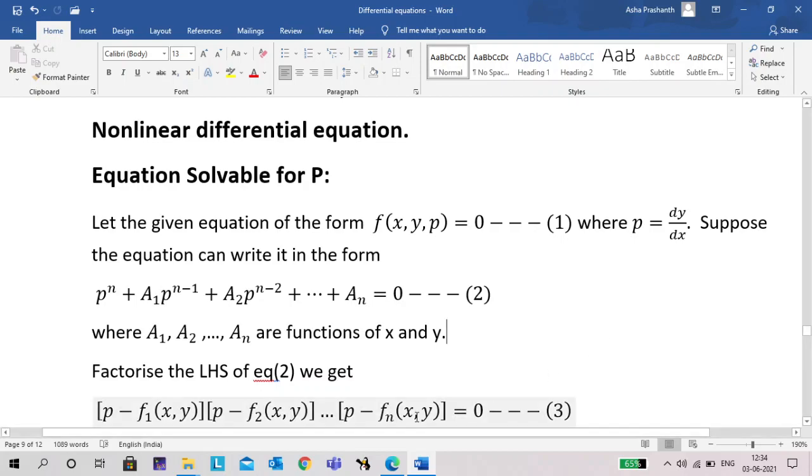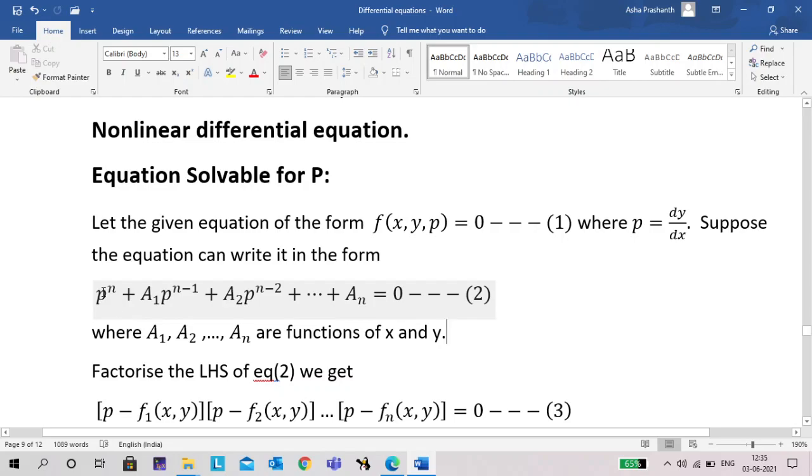Equation solvable for p means the equation of the form f of x comma y comma p is equal to 0. We call this equation 1. This p is nothing but dy by dx. Here in the non-linear case, dy by dx has a power, it may be 1, 2, 3, like dy by dx whole to the power of 2, whole to the power of 3.